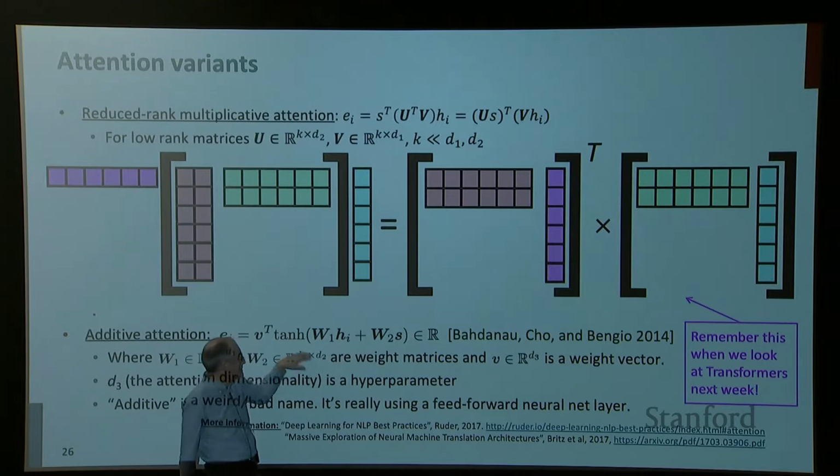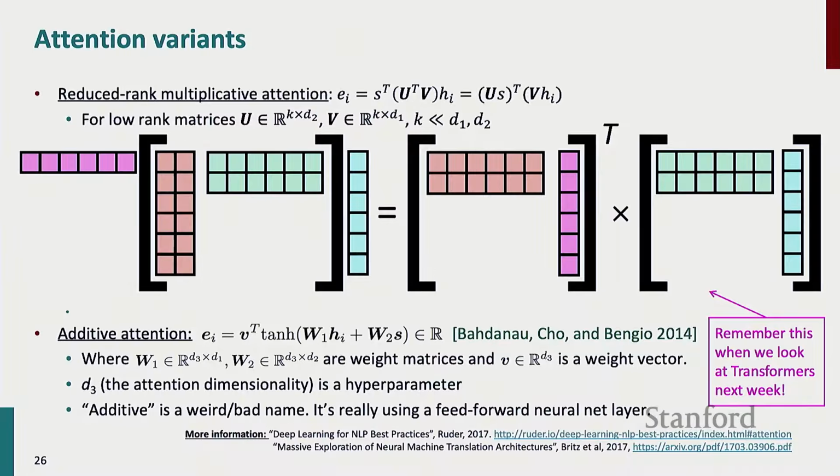In most of the literature, this is called additive attention, which also seems to me a really weird name. I think saying you've got a little neural net makes more sense. But anyway, this is what they proposed and used. At this point, it's a little bit complex, to be honest. When we wrote our paper the next year, we found that the bilinear attention worked better for us.